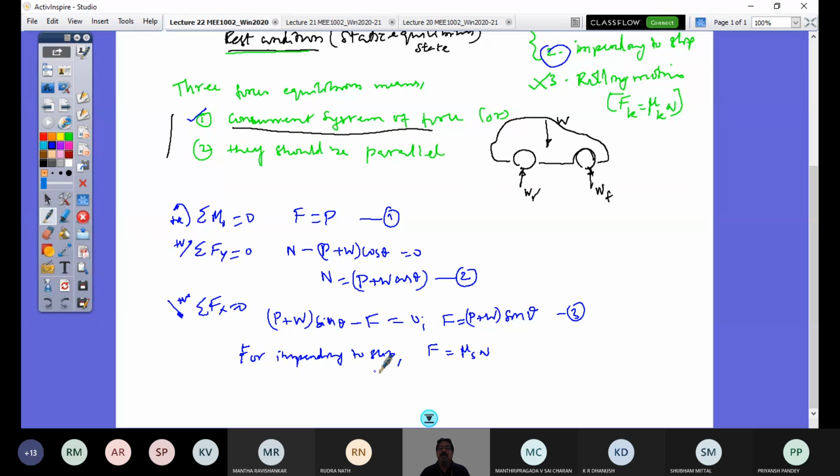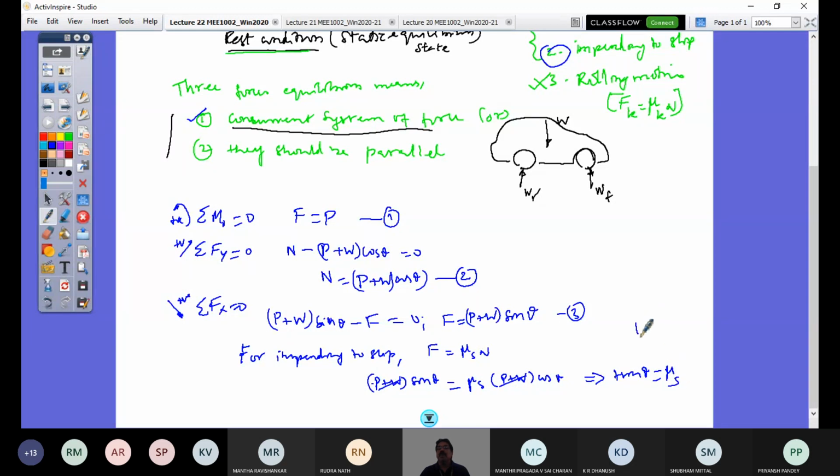F is P plus W sin theta, that's equal to mu s times N, what is N? P plus W into cos theta. So now here P plus W goes off. So I would get tan theta is mu s.